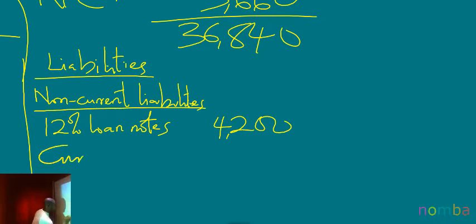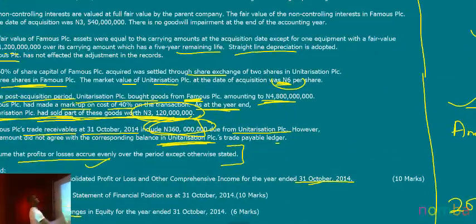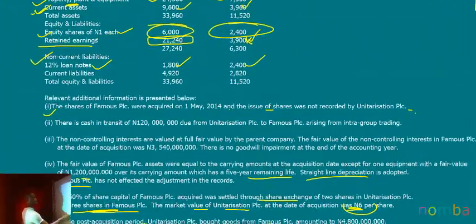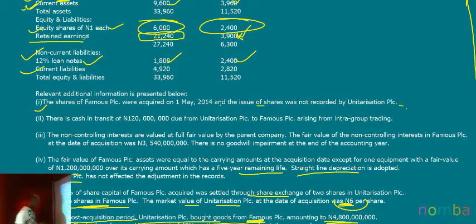Then we'll have current liabilities. So we'll go to the question to determine the current liabilities. For the subsidiary it was 4,920. For the parent it was 2,820. So I will have 4,920 plus 2,820.